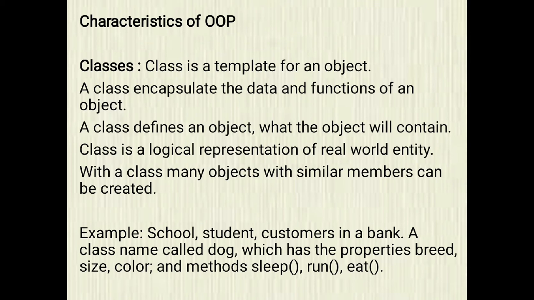When you have a class like dog, you can create many objects of dog. You can create many dog objects having the same properties and the same methods. Suppose the class name is dog, and you have three dogs: dog 1, dog 2, dog 3. Dog 1's breed is different from dog 2's breed and dog 3's breed.